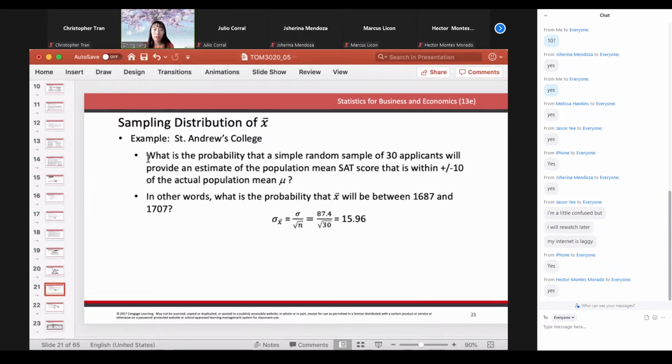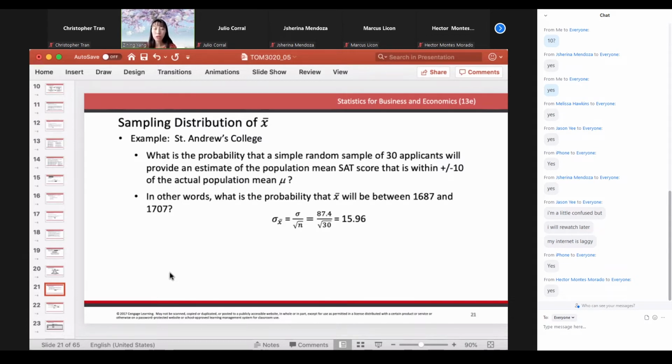Then a very specific question we can ask is, what is the probability that a simple random sample of 30 applicants will provide an estimate of the population mean SAT score that is within plus or minus 10 points of the actual population mean?